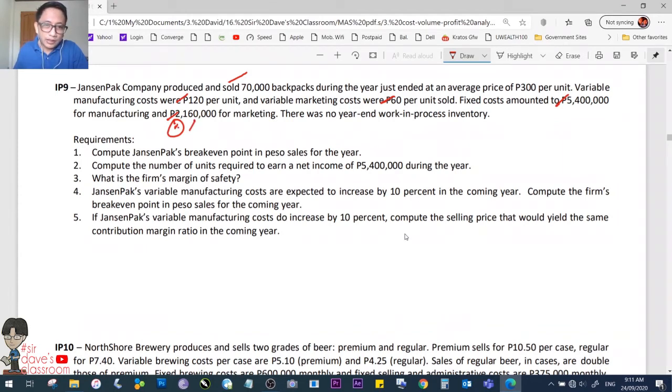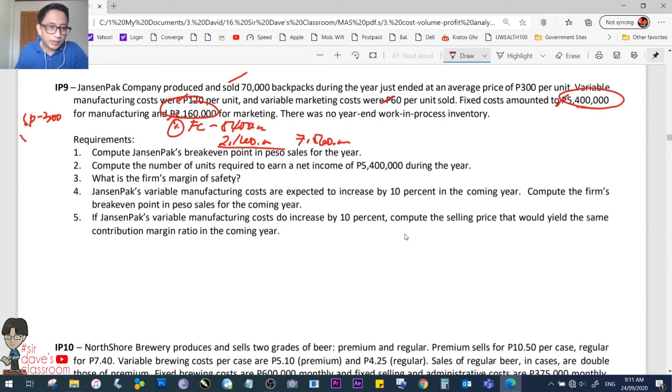First, we collect all kinds of fixed costs. First, the 5,400,000 manufacturing fixed costs. Next, the 2,160,000 marketing fixed costs for a total of 7,560,000. Our selling price is at 300 pesos.